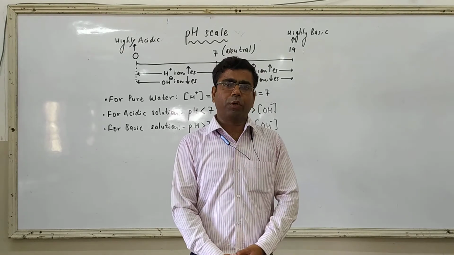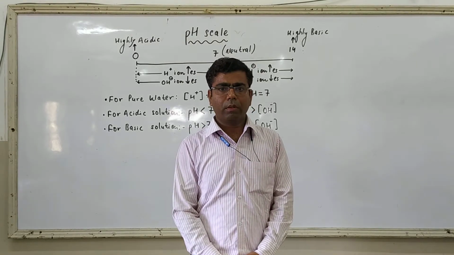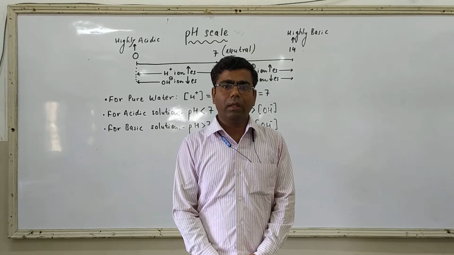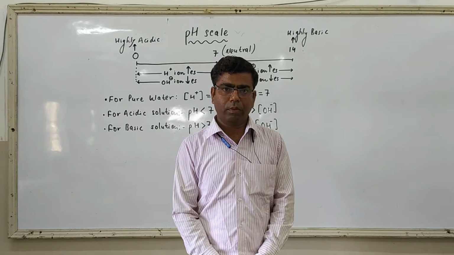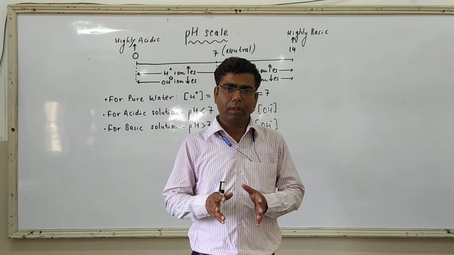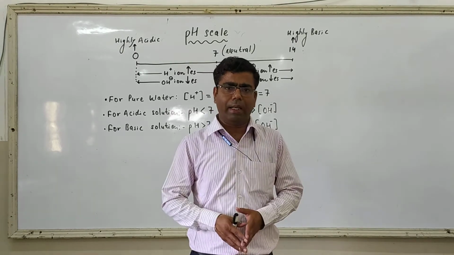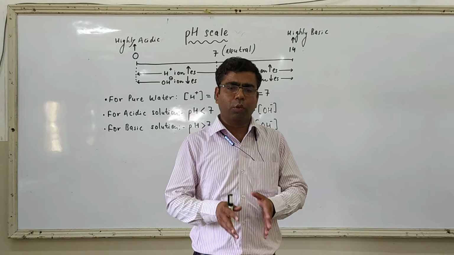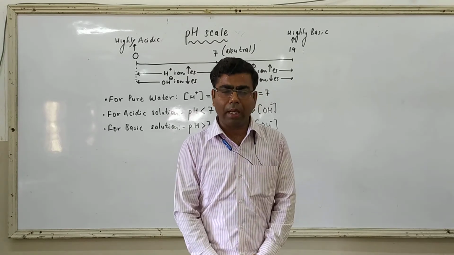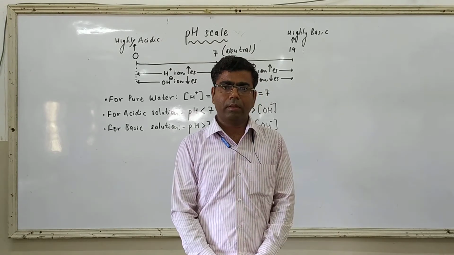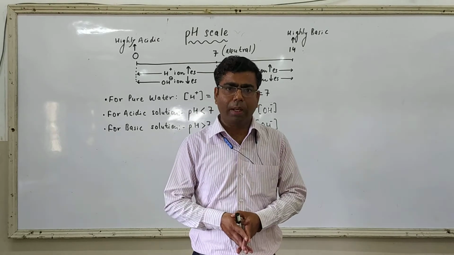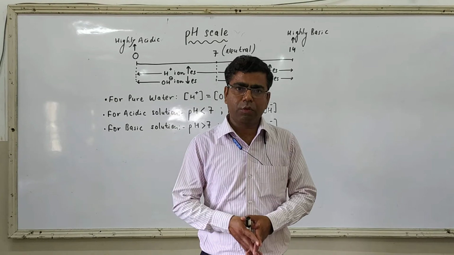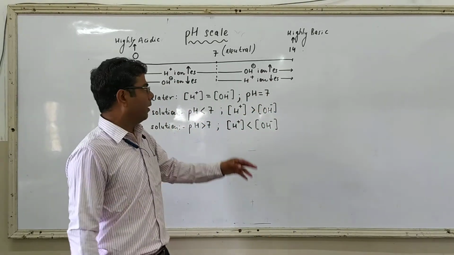Now, if we talk about water, we know it very well that water is a neutral compound. In pure water, the concentration of H plus ion is equal to the concentration of OH minus ion. That's why water is a neutral compound and its value on pH scale is given as 7.